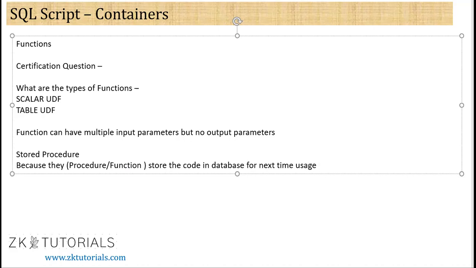You don't have to compile it. You simply call the procedure and it will execute. Same for function. Both are used to store the code permanently in the database. And the anonymous block is only for one-time use. That's why we don't use anonymous blocks much.